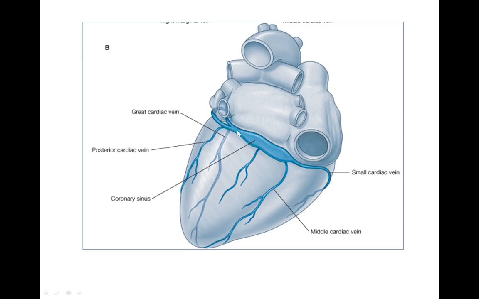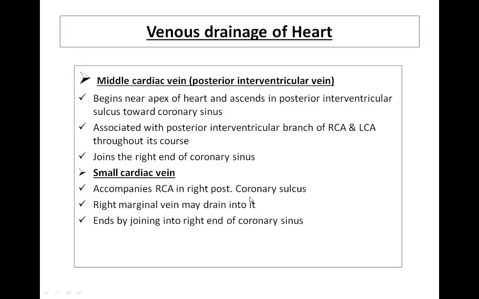In some books it is written that it enlarges in size to form the coronary sinus, or in some books they write that it opens into the left end of the coronary sinus. Then it opens into the right atrium. This is our right atrium.